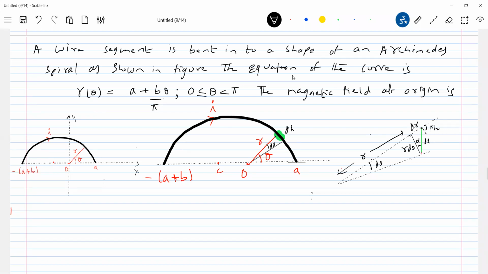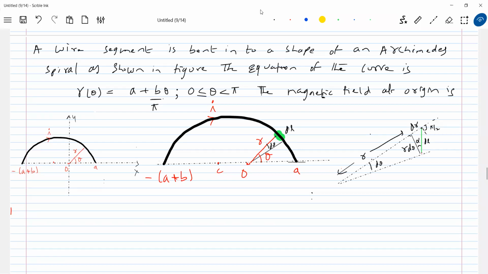What is the angle between the current element and r bar, our position vector? The position vector will be like this, and I dl will be like this. The angle between the position vector and I dl is alpha plus pi by 2. If you get this diagram, I think everything can be managed. How to get that alpha, we'll try further. That green color is the length dl.